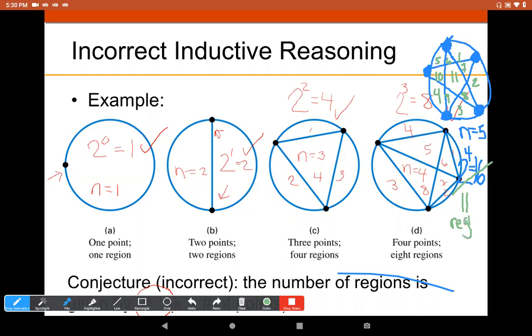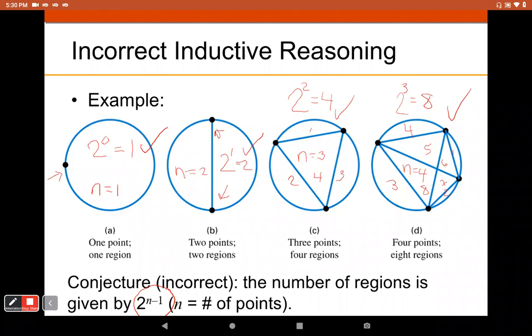And that's called a counterexample. The conjecture was that they would get 2 to the n minus 1 regions, where n was the number of points.